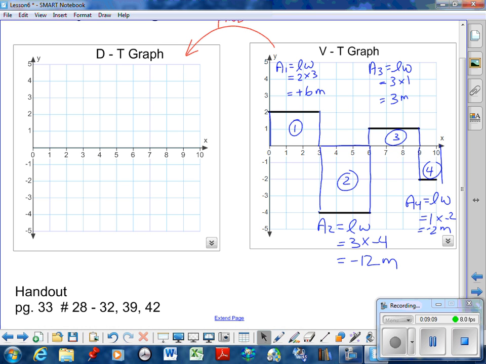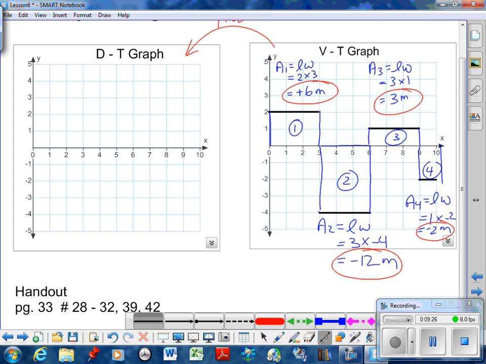So here we go. We're going to take each of those values, so I'll circle them. +6, -12, +3, -2. And we're going to have to cheat a little bit here. My graph only goes from 5 to -5, so bear with me. The first one, we're going to start at 0. A good place to start.